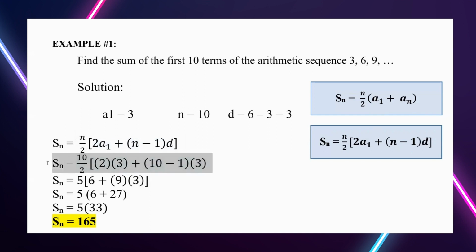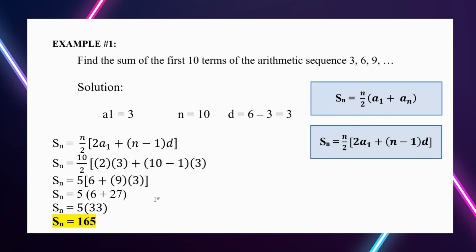Let us simplify this equation. So 10 divided by 2 is 5. 2 times 3 is 6. 10 minus 1 is 9. And bring down positive 3.